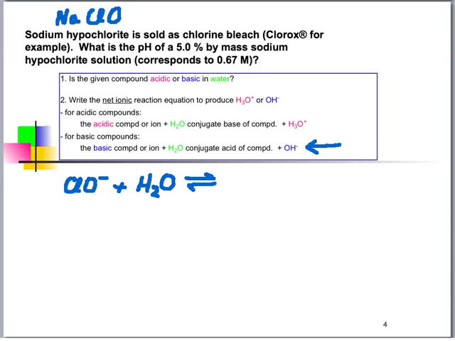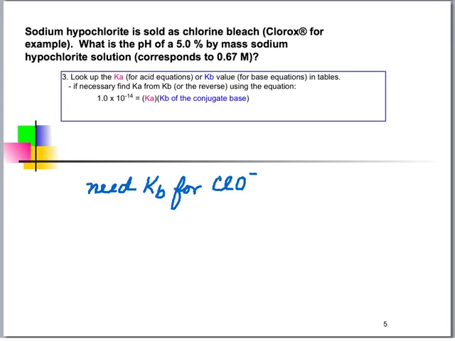So we'll write our equilibrium with water again. Hypochlorite ion, being negative, will take an H+ from the water to make its conjugate acid. That leaves hydroxide ion, and we have completed our net ionic equation. Now that we have our equilibrium equation, we need an equilibrium constant to go with it.